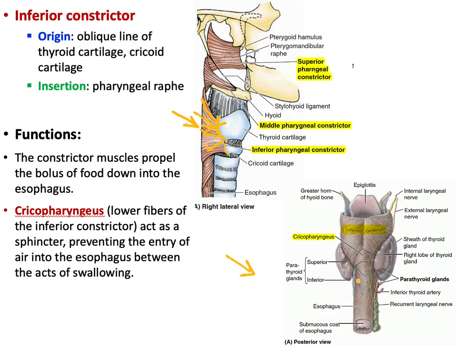If you look at this figure, posteriorly, this is the inferior constrictor, and look at the inferior one, the cricopharyngeal part. This is the cricopharyngeal part, which acts as a sphincter. A sphincter for what? A sphincter that prevents the entry of air during the phases of swallowing, right?